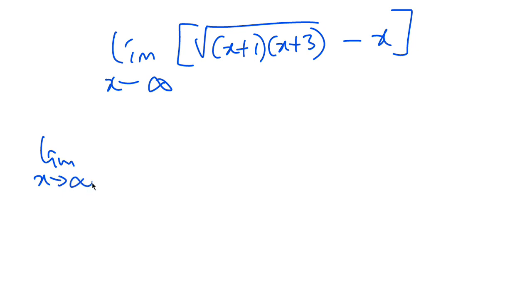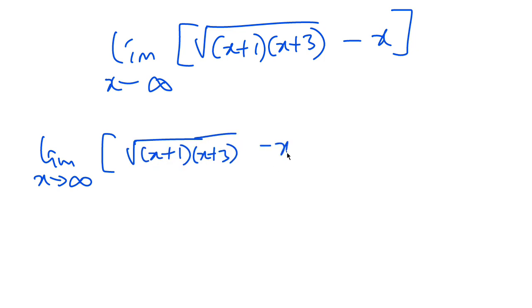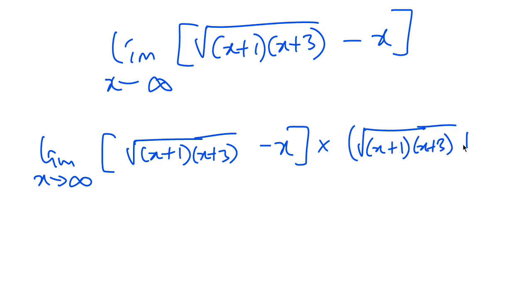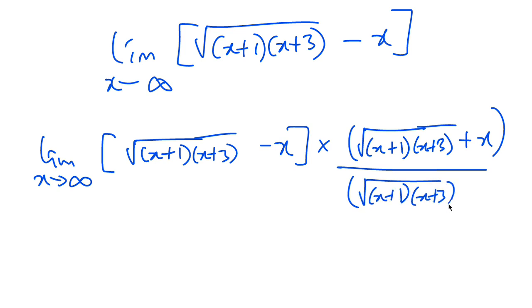So what I mean by that is the limit as x tends to infinity of the square root of (x plus 1)(x plus 3) minus x, multiplied by the square root of (x plus 1)(x plus 3) plus x, because we're multiplying by the conjugate, over the square root of (x plus 1)(x plus 3) plus x.